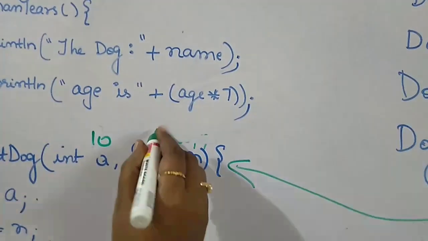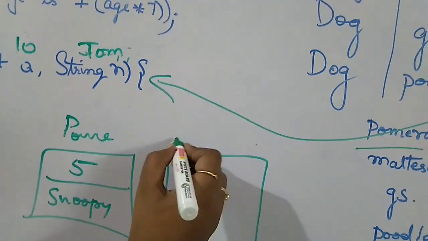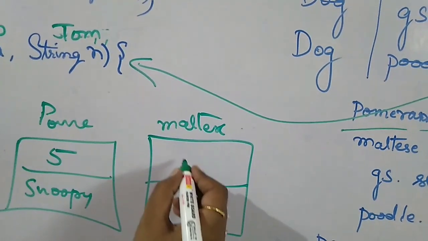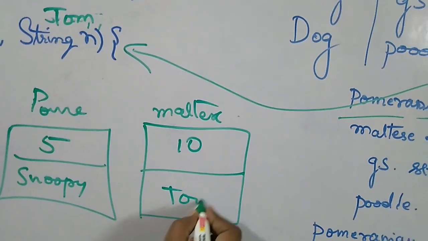Again we are calling it on Maltese. So now the values are 10 and Tom, called on the object Maltese. The values of age and name are 10 and Tom.